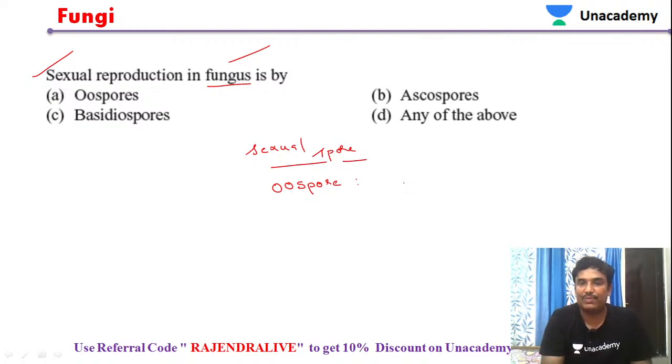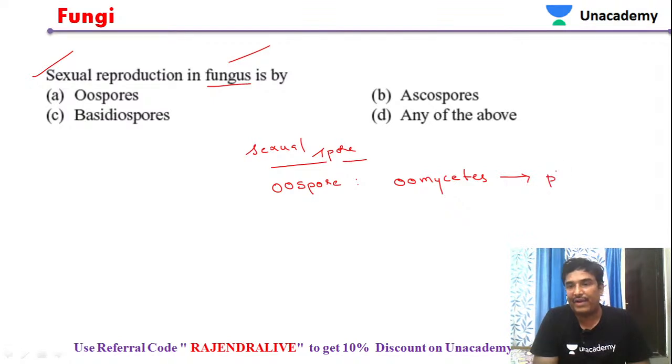Oospore is a sexual spore of members belonging to class Oomycetes. Oospore is produced by members of Oomycetes. This Oomycetes is a part of Phycomycetes actually.